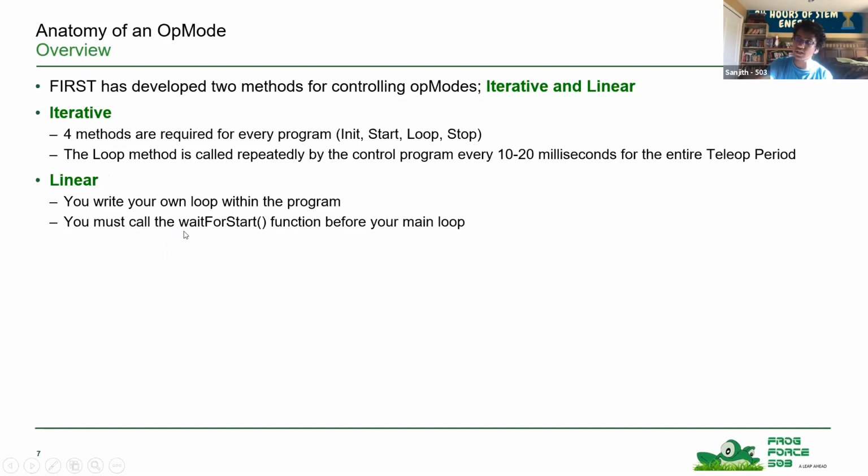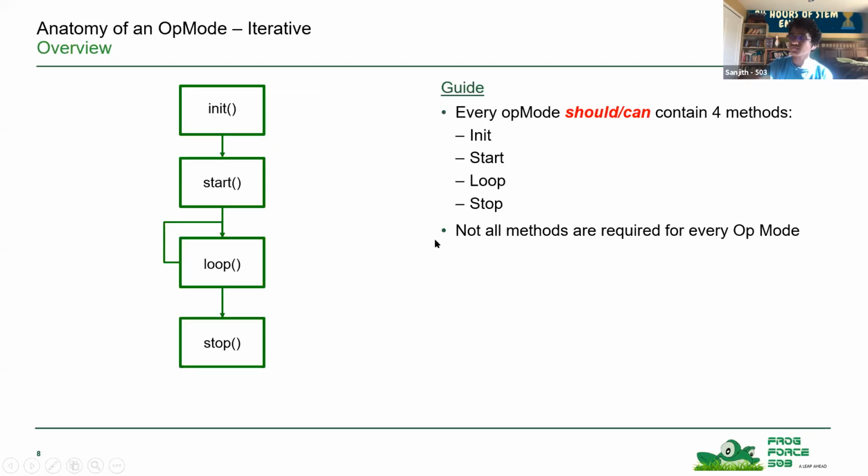You can put a loop inside of the linear op mode and make it a teleop kind of program, similar to how FRC works with loops. It's more common to use teleop in a linear op mode than it is to use autonomous in a regular op mode.